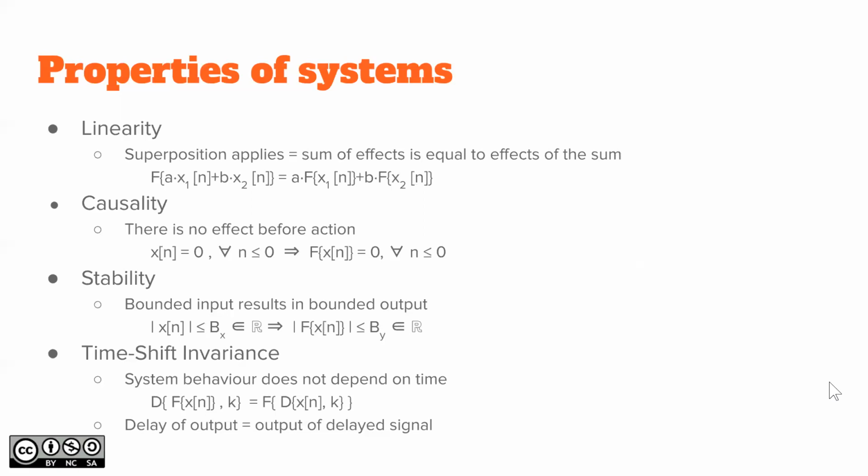Stability. Stability means that bounded input results in bounded output. For example, in your electronics, if the system saturates, then it's not linear anymore, but it is stable. In analog electronics, if you saturate your amplifier, it has basically some limited input, and the output is also limited by the power supply voltage range.